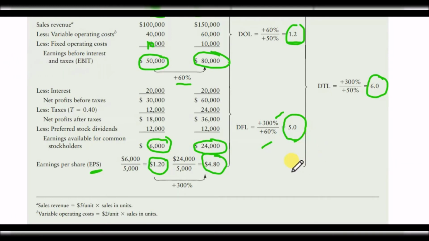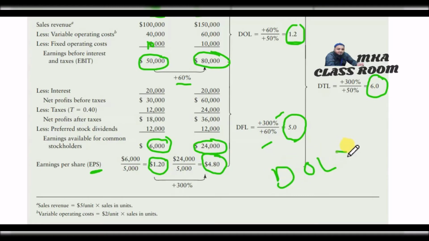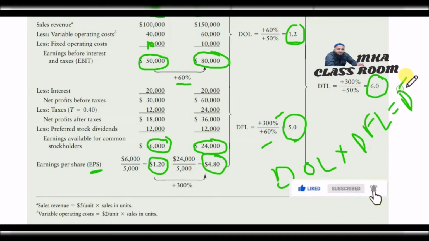Another way we can find it: DOL into DFL equals DTL. We know that.